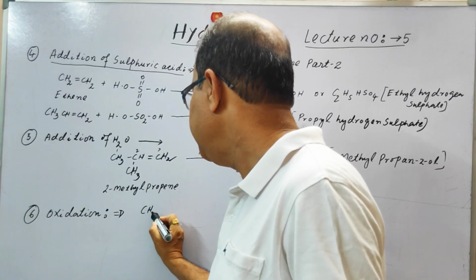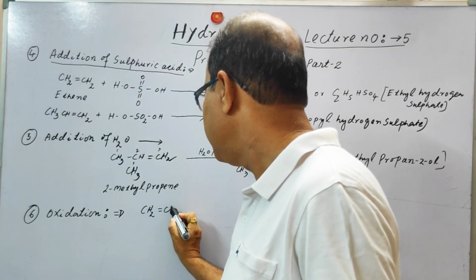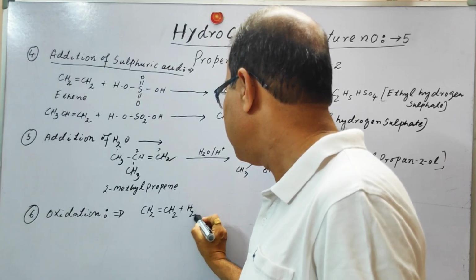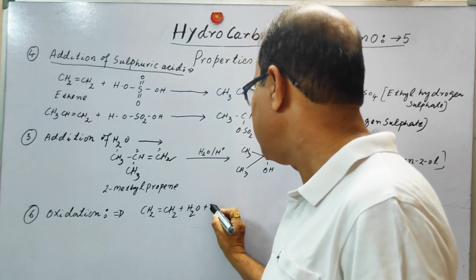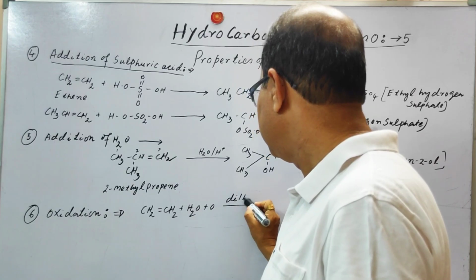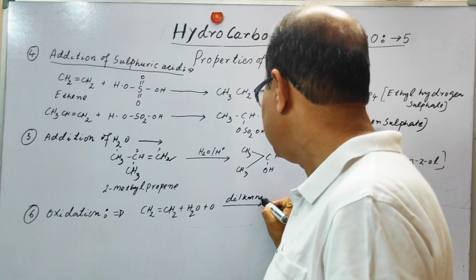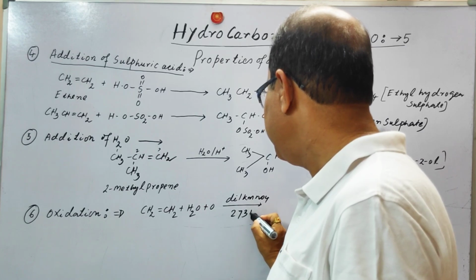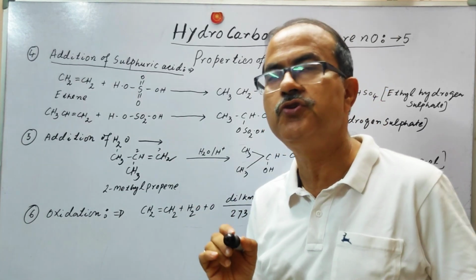We have taken ethene and dilute KMnO4 at 273 Kelvin, which means a very low temperature, 0 degrees.